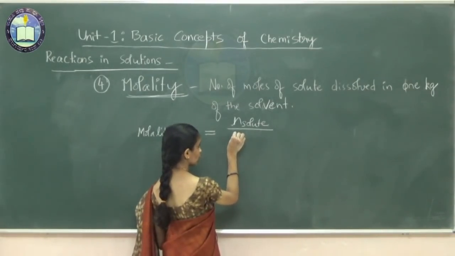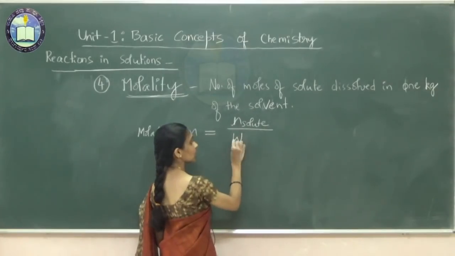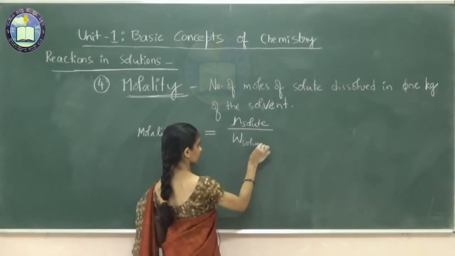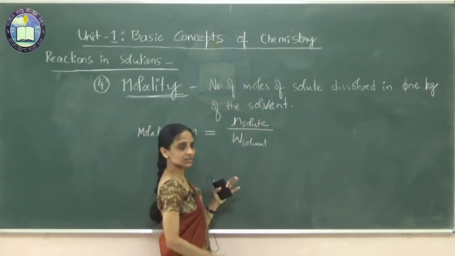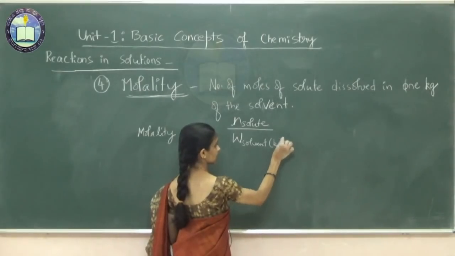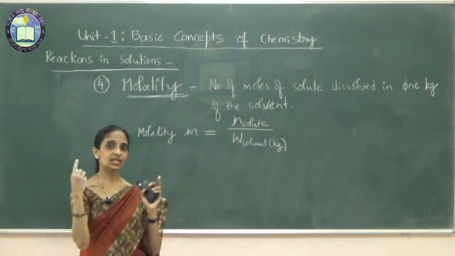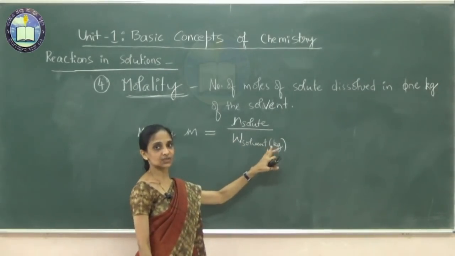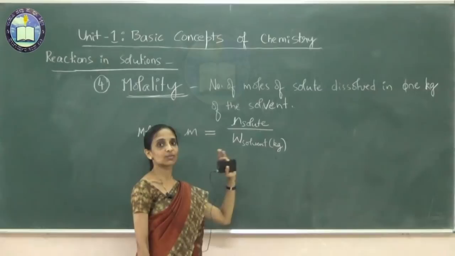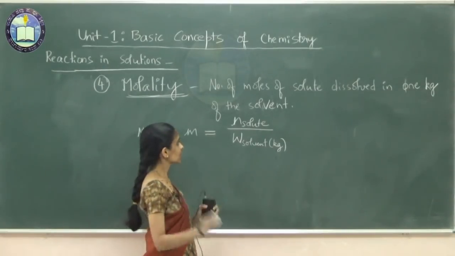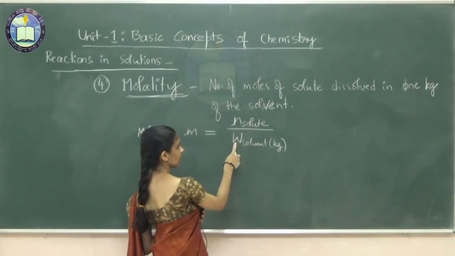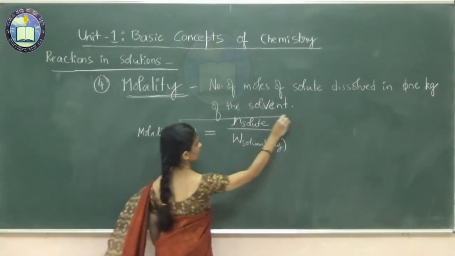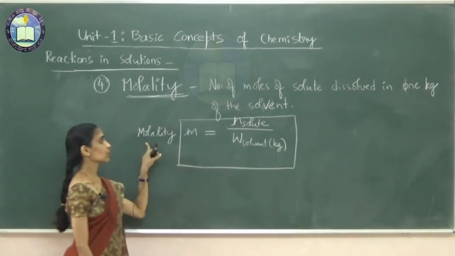Instead of volume, I will now write weight of solvent, not in liters, it is in kg. Is it not? Volume was taken in liters there, here weight is taken in kg. Remember, it has to be kg, it can't be gram or something else. So, moles of solute by weight of solvent in kg. This is the way we formulate molality.